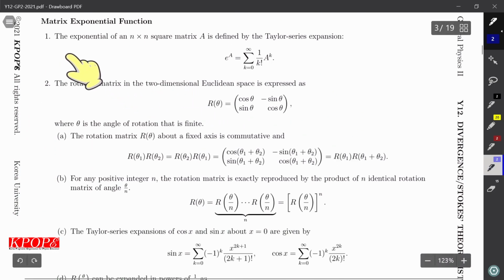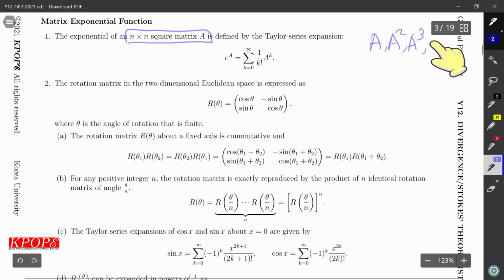Matrix exponential function: an exponential of an n by n square matrix. A squared, A cubed, this can be defined only if the number of rows and number of columns are the same. That's the reason why we introduce an n by n square matrix.